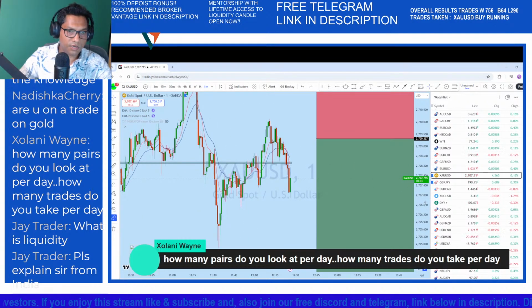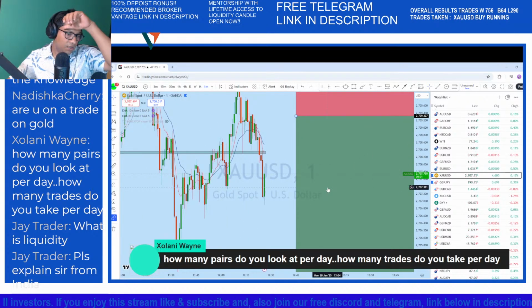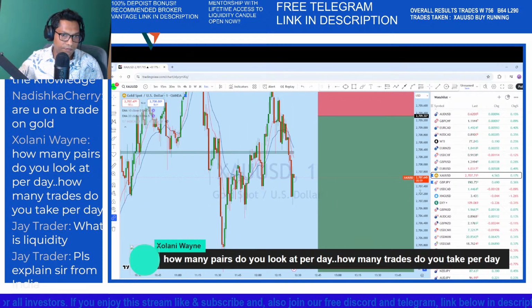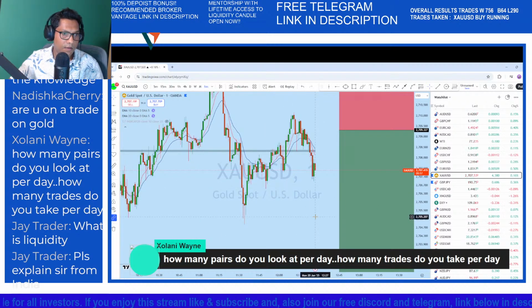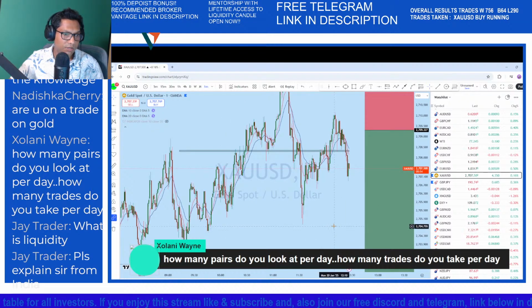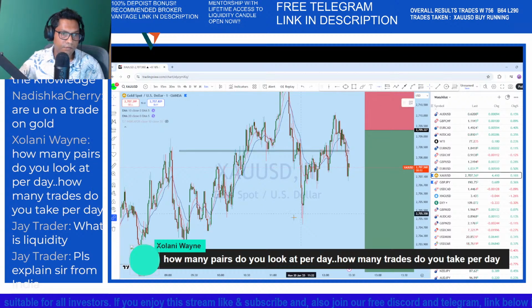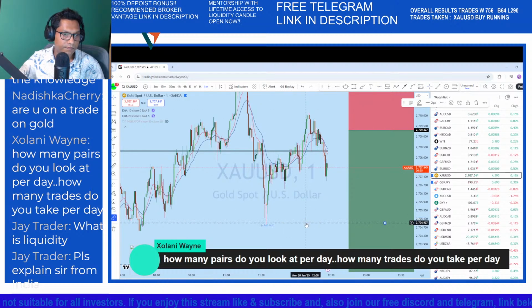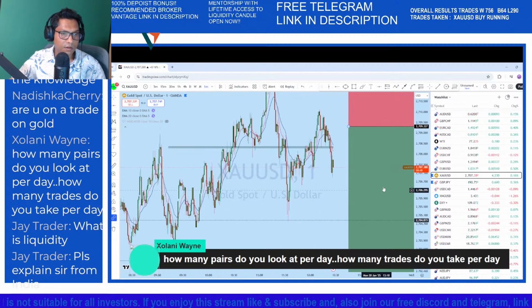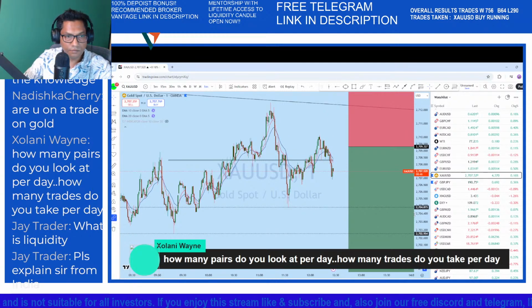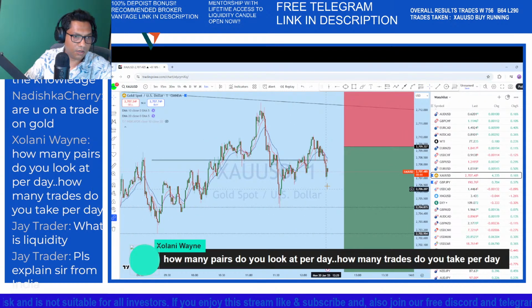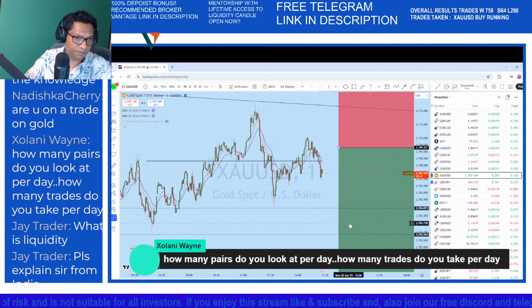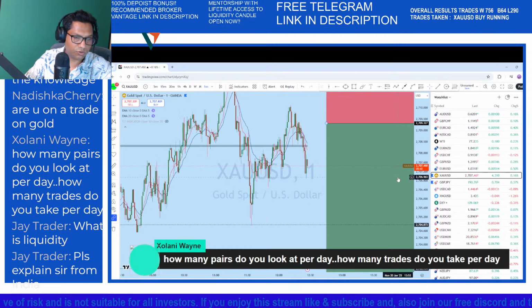So look in the 1 minute. Here is a long wick. Okay, so this is the previous support. With the previous support, I want to see the market coming here and then dropping to create a new lower low.